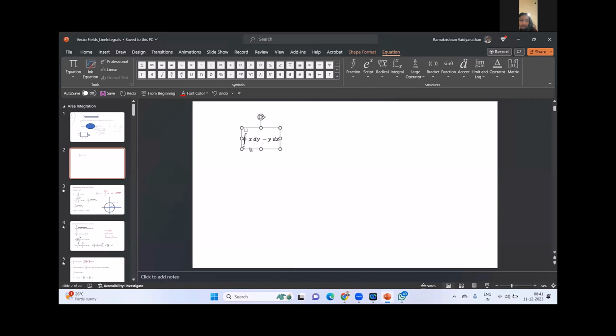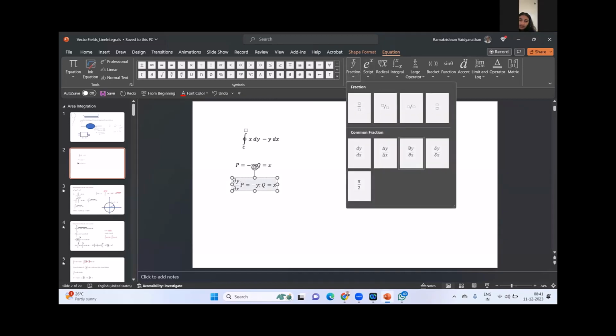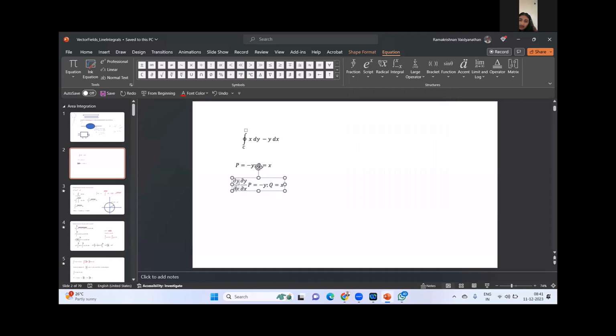Here, what is P and what is Q? P is equal to minus y, and Q is equal to x. What is dou P by dou x? Dou P by dou x is 0.